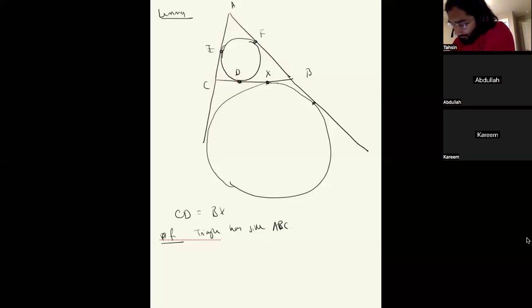You can just calculate very explicitly, because this side and this side are the same, this side and this side are the same, like there's two tangents, right? And these are all the same. Does it make sense? So what does it mean? It means x plus z equals a, x plus y equals b, and y plus z equals c.